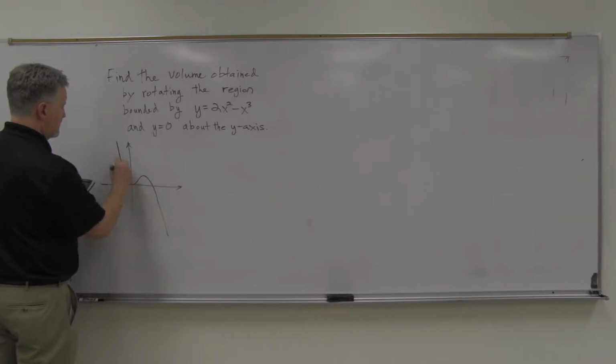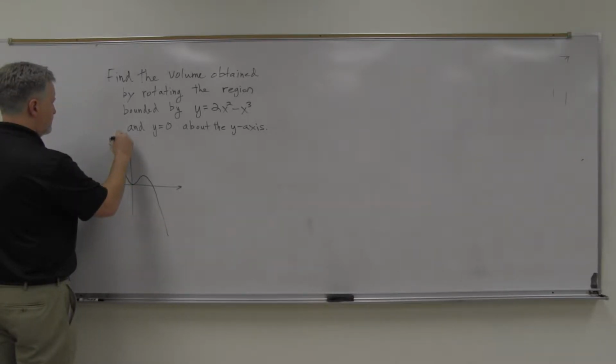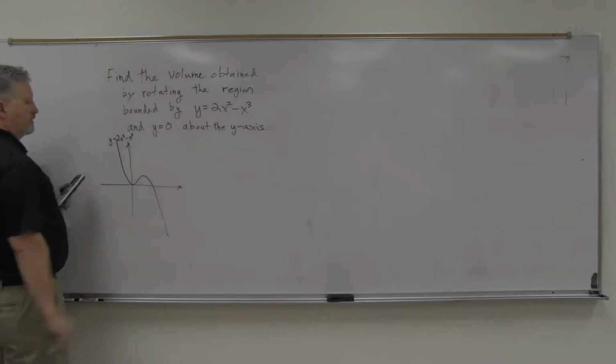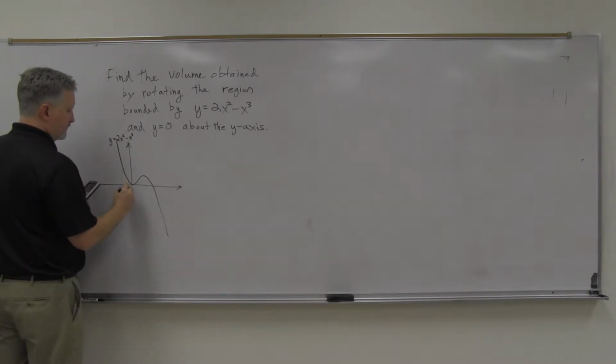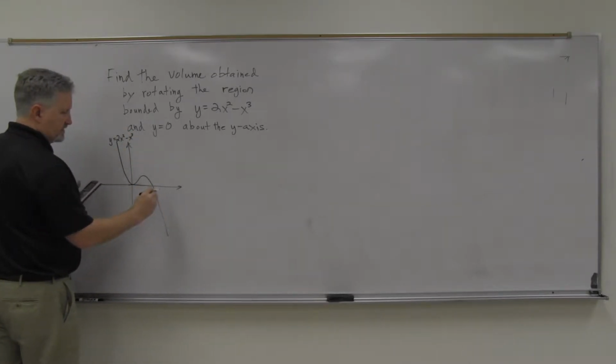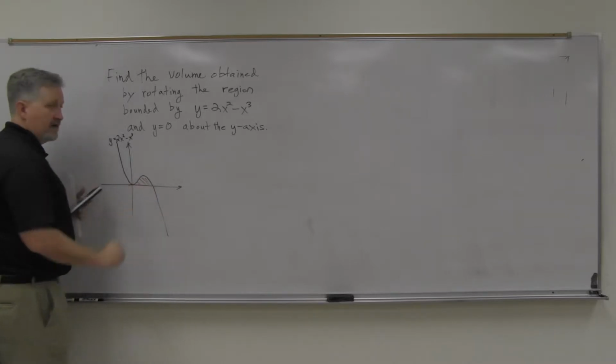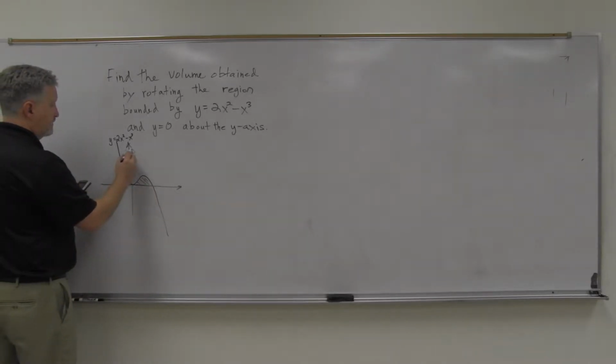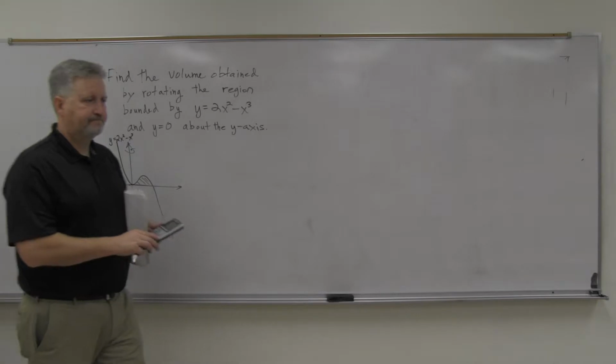So that's what that looks like. Graph it out, it looks like that. Y equals 0, of course that's the x-axis, and so I'm rotating that little region right there about the y-axis.